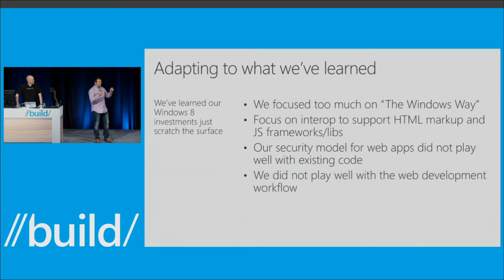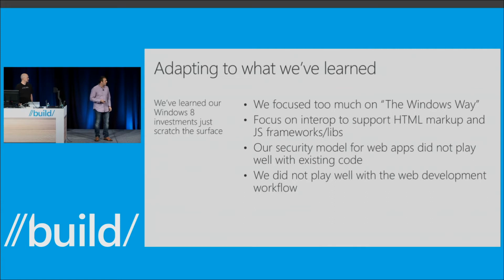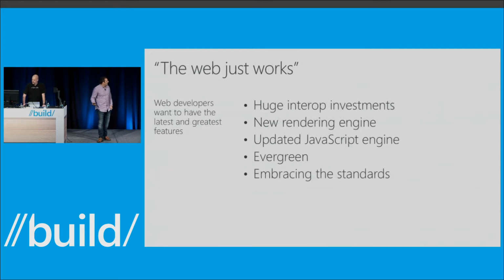Why do I have to run this function called MSApp.execUnsafeLocalFunction to do something that felt natural on the web? We heard a lot of developers say this doesn't seem to work well, and it was not working well for frameworks. Angular just didn't work out of the box. You had to wrap some things in Angular to make it work. We weren't playing well with the web development workflow back then, so we made quite a few changes to help there.